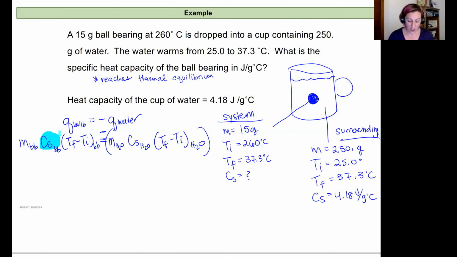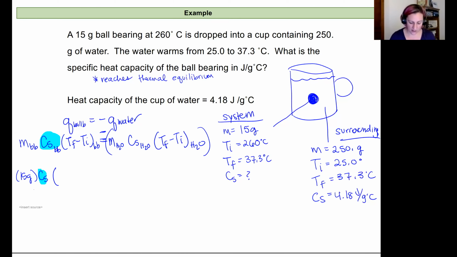I'm just going to start plugging in information for my ball bearing. It's going to be my 15 grams times my specific heat that I have no idea what it is and I need to figure out, so we'll keep that highlighted just to make it stand out.